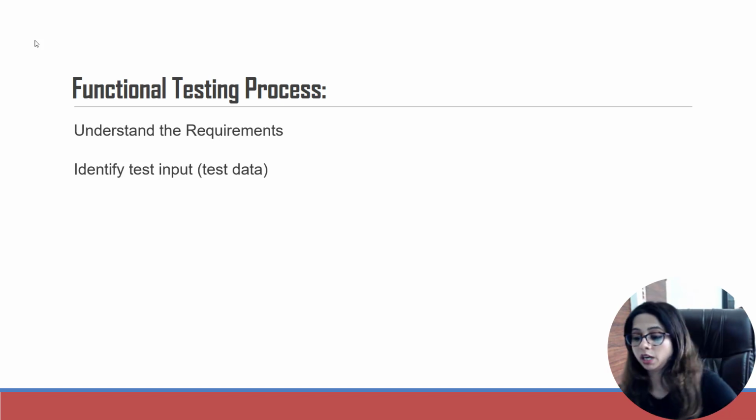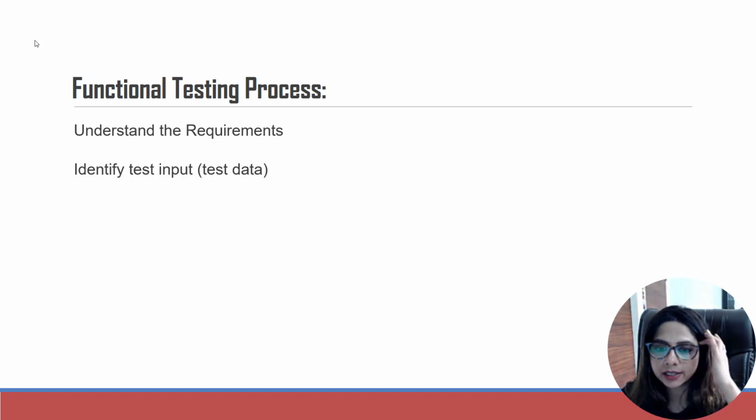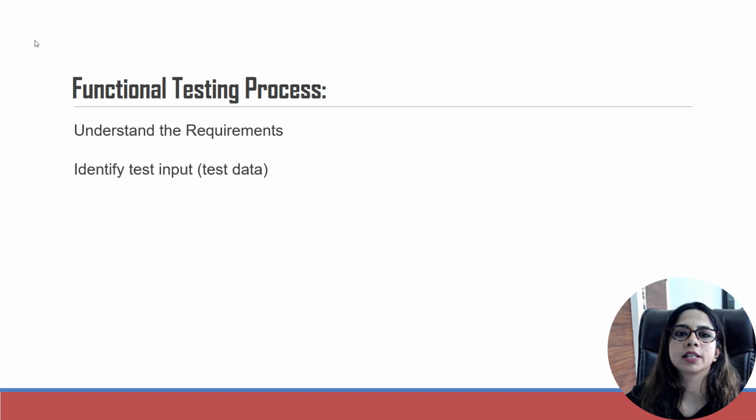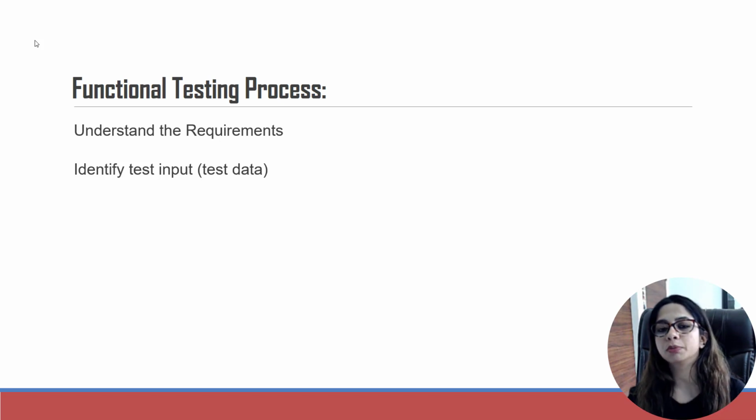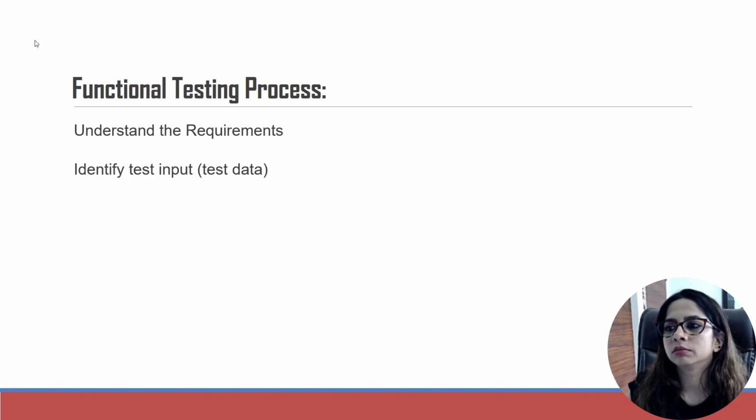Identifying test inputs. Using the correct set of test data is very important. If you're a good tester, you should know which test data to use so that you can do enough testing and be sure that yes, the system is robust.